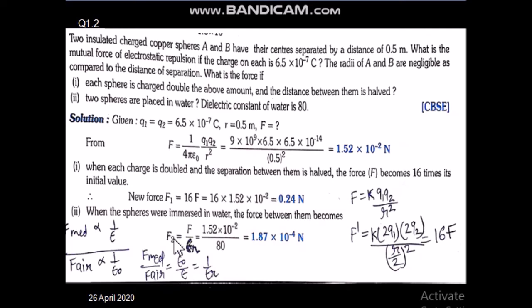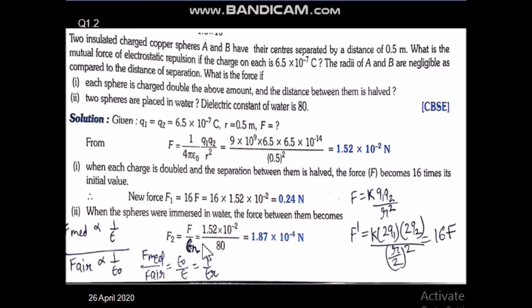So here the medium is water. Force in water is force in air upon epsilon r. Force in air we have already obtained, 1.52 into 10 raised to power minus 2. We have to divide it by the dielectric constant epsilon r. For water it is 80. Use this 80 value, and the force in the medium will be obtained.